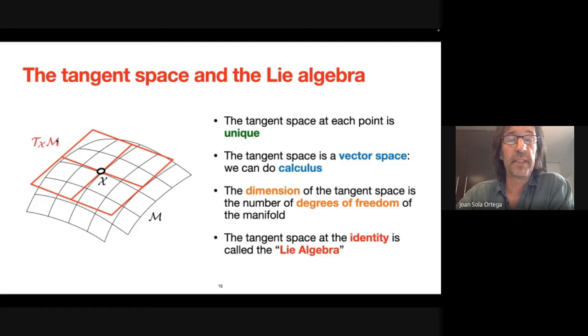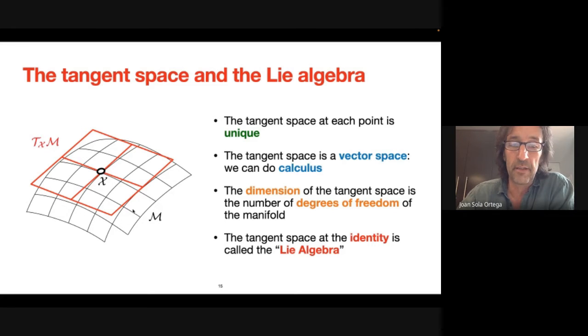So properties of the tangent space: the tangent space is unique. The tangent space is a vector space, so it's a linear space, and therefore we can apply all the calculus, derivatives, integrals, and these kinds of things because it's a vector space. The dimension of the tangent space is the same as the number of degrees of freedom of the manifold. So in this manifold, you could move in two different directions.